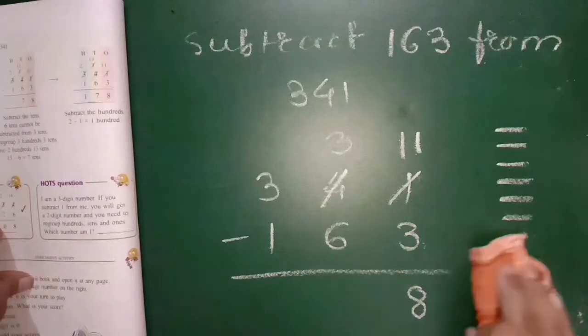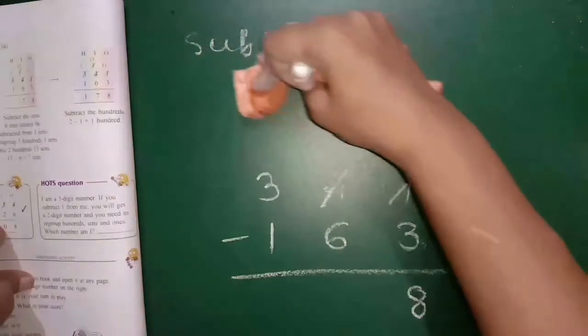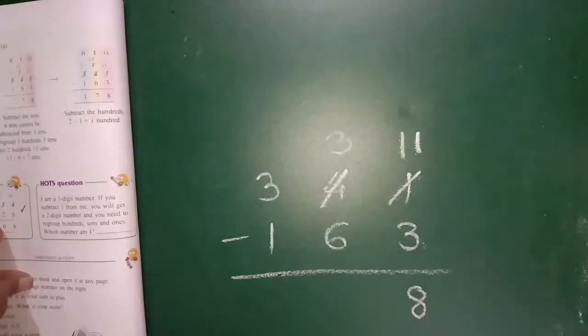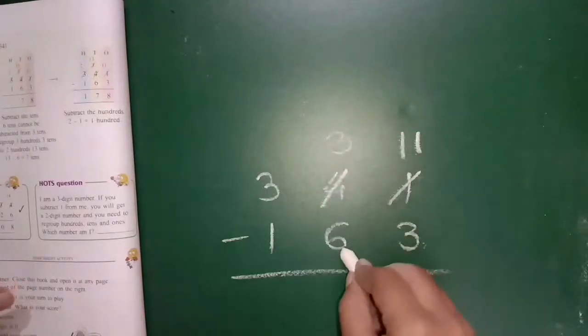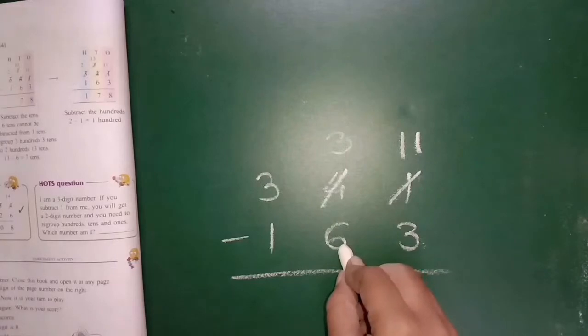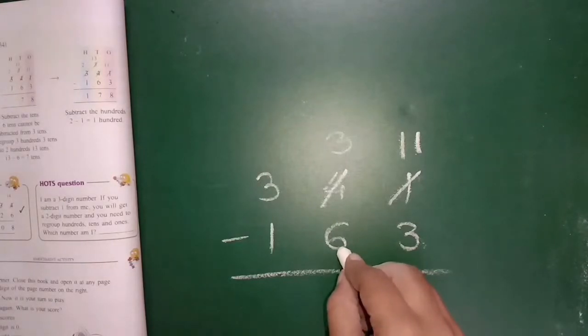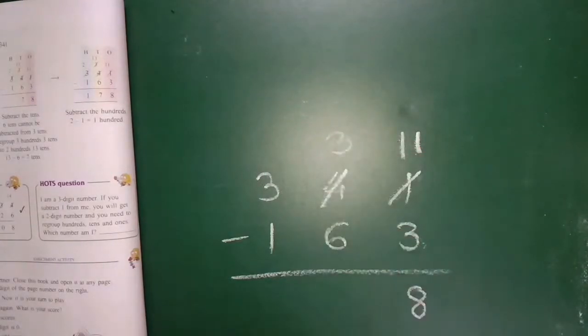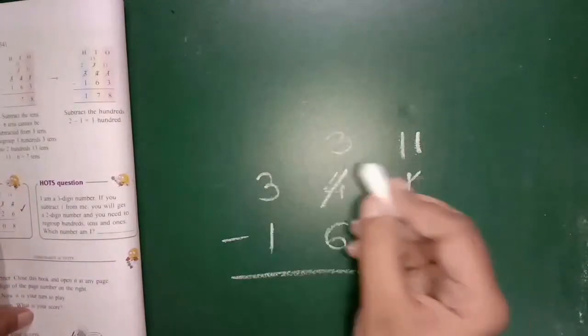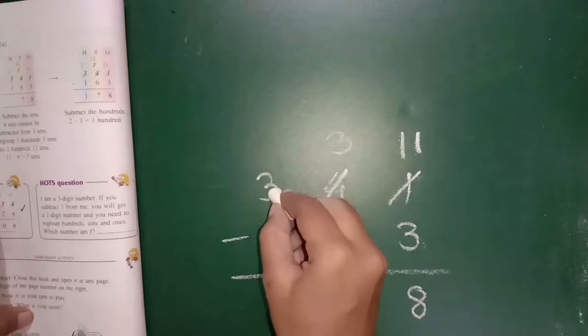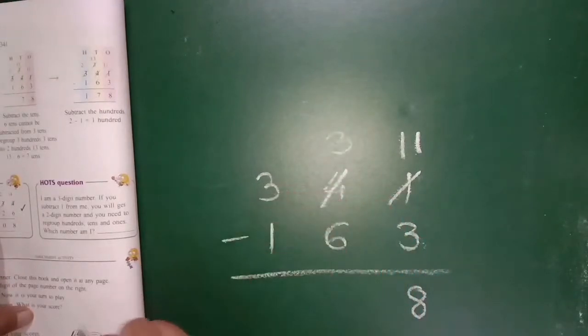Students, now solve tens place. 3 minus 6. Here again we cannot subtract 6 from 3. So again we have to borrow 100 from 100 place.